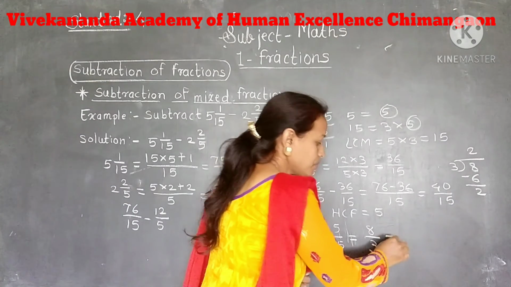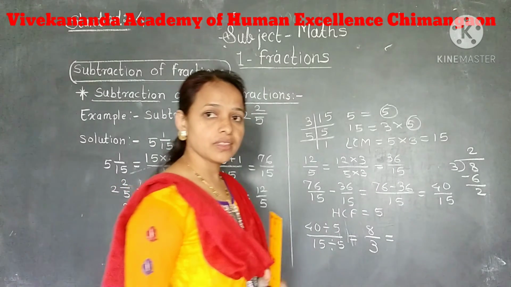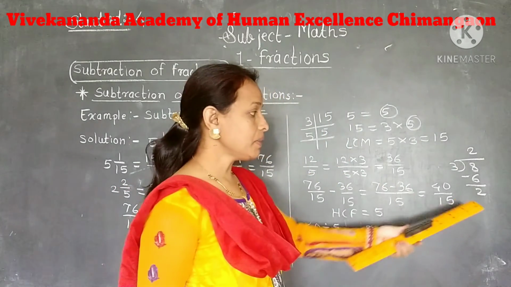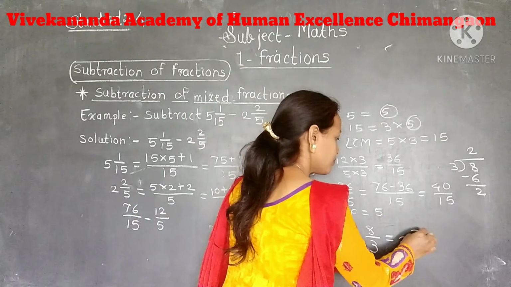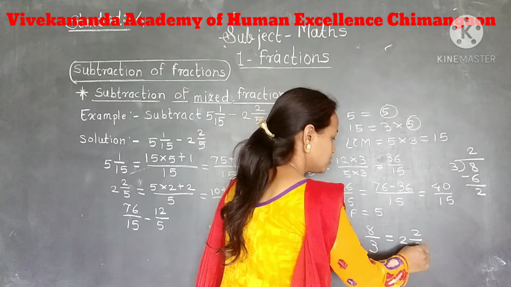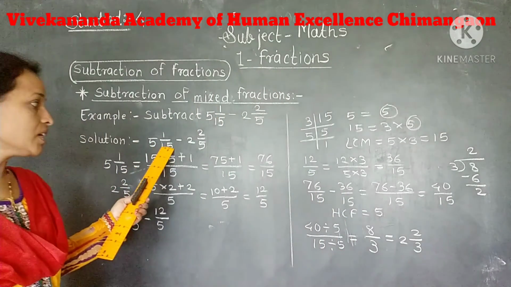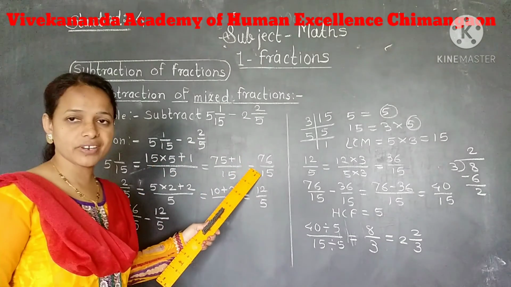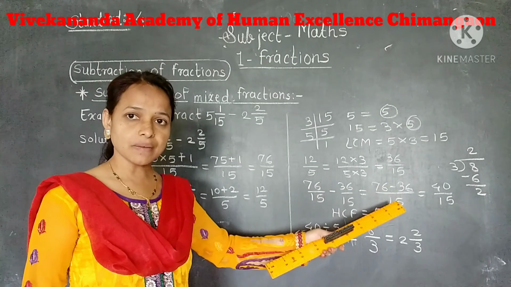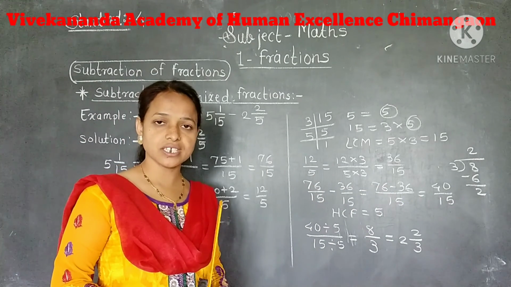So we write the mixed fraction with quotient 2 as the whole number, remainder 2 as the numerator, and divisor 3 as the denominator. See student, here first we convert the mixed fractions into improper fractions, then we convert unlike fractions into like fractions, we subtract, and we reduce to lowest terms by finding the HCF.